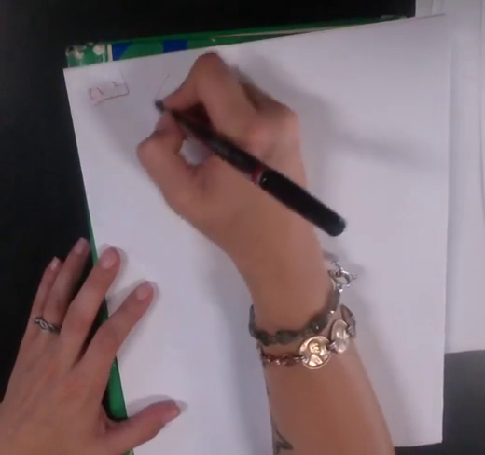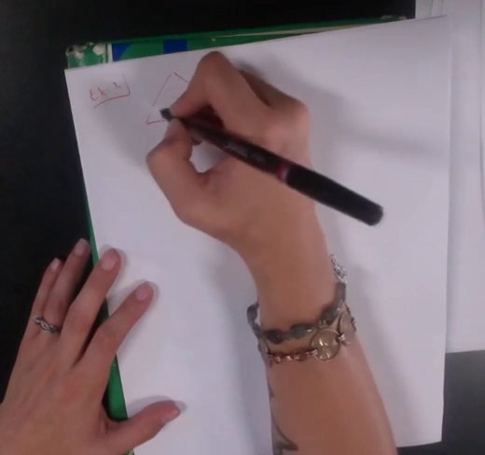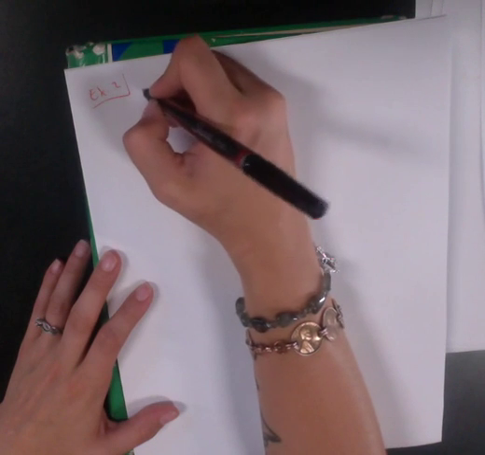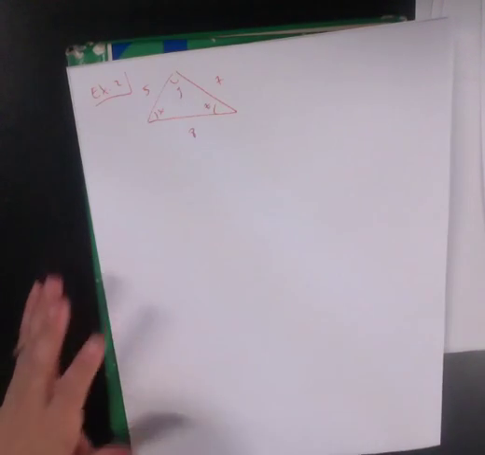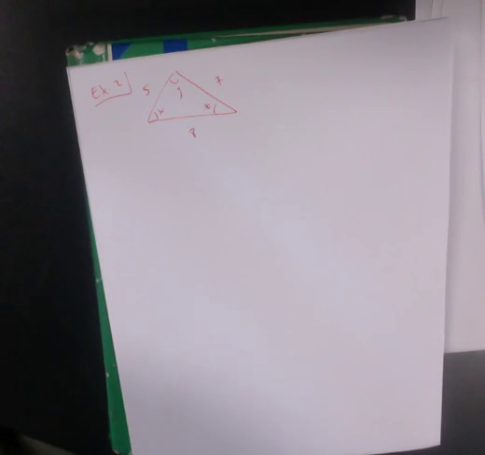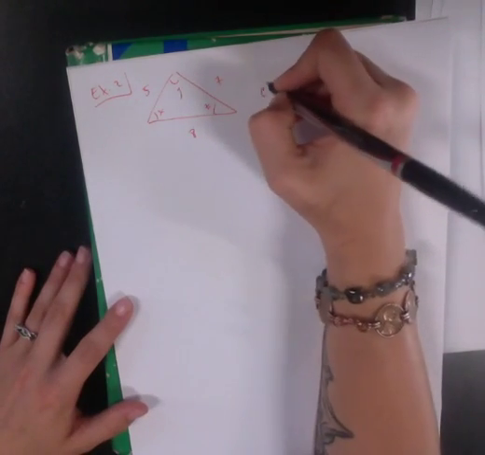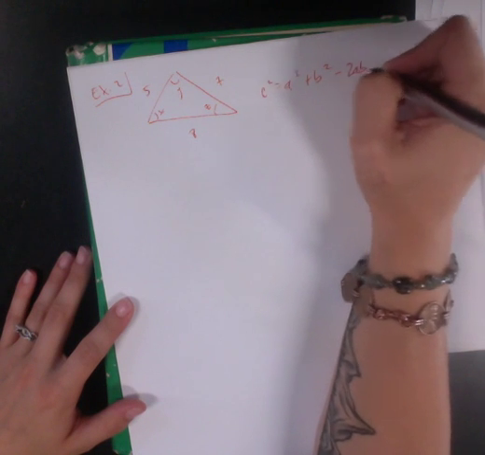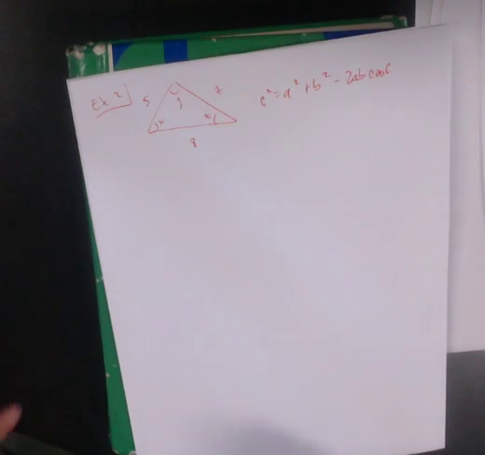Example 2, again, we're going to solve for the missing parts of the triangle. Now, again, we know we need to start with the law of cosines because we don't know any of the angles, so we don't have a pair. So again, we have c squared is a squared plus b squared minus 2ab cosine of c.